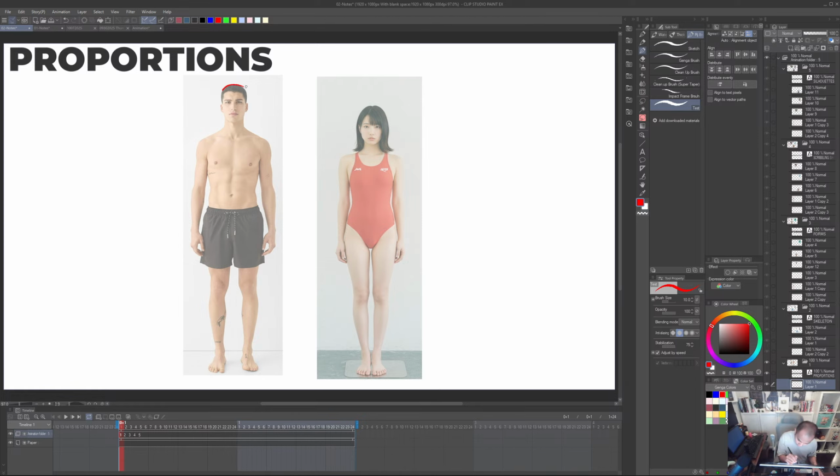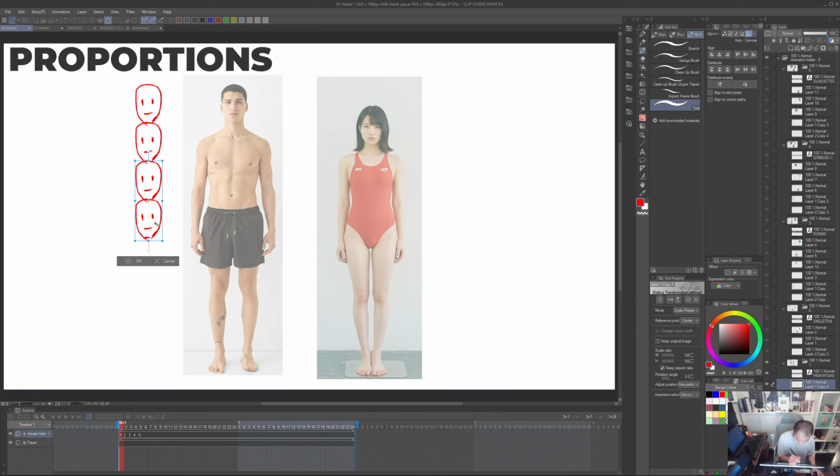So for a typical male, let's draw a typical head over here just to trace. That's his head, right? And we just simply copy that and make sure that we have some sort of measurement here.